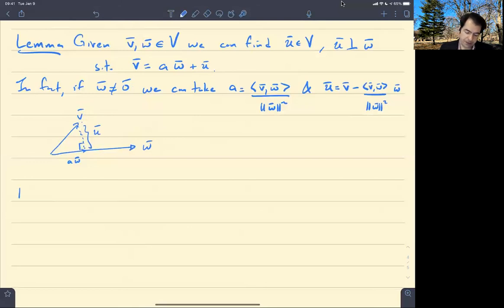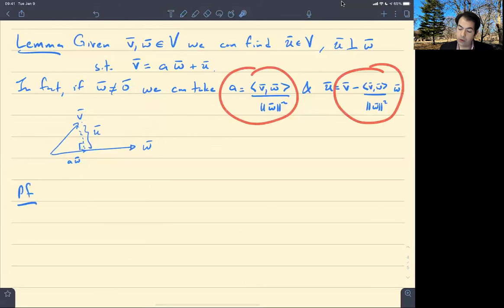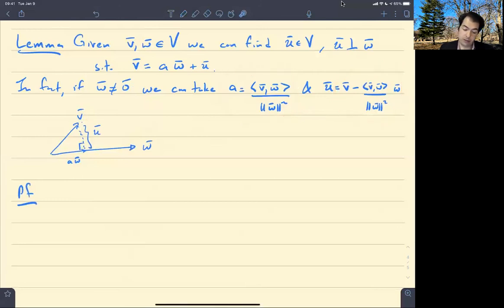Okay, so let's prove this. So the proof is really easy in that I've already written down who A and U are, right? So the theorem says that if you start with V and W, then you can find A and U so that you can write V like that. Well, I've already told you if W is equal to 0, I don't have anything to prove. If W is not equal to 0, then I've already told you who A and U are, and it's definitely true.